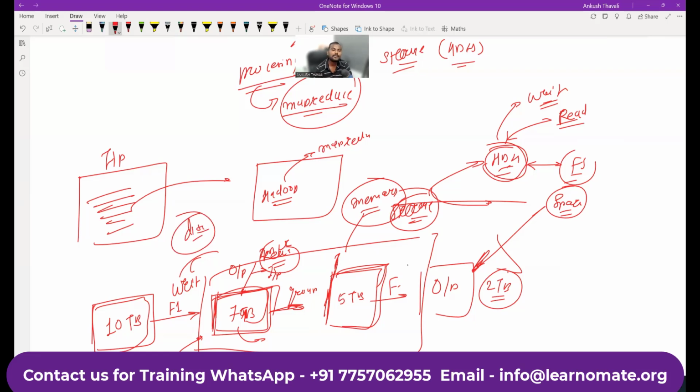Now when it comes to Spark, all your intermediate operations will be done at the memory level. And anything which is available in memory is much faster. Let's say you are sitting in an exam and you see the interview question.